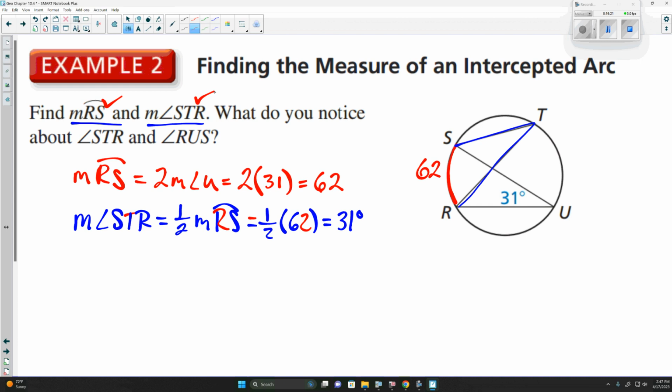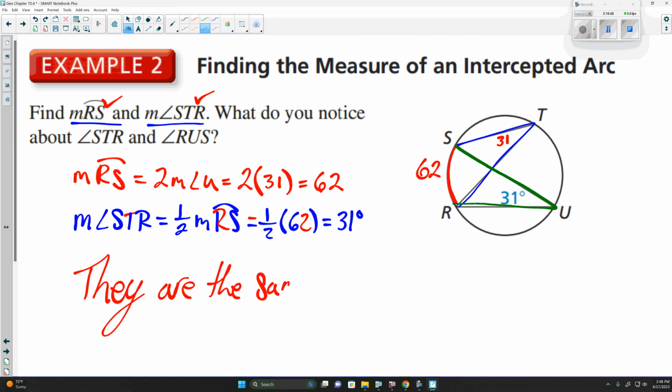So what do we notice about STR and RUS? They are the same, or well, mathematically we would say they are congruent, because they're both 31 degrees, yes?